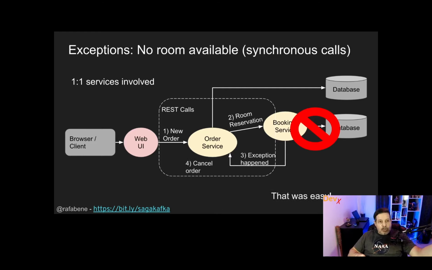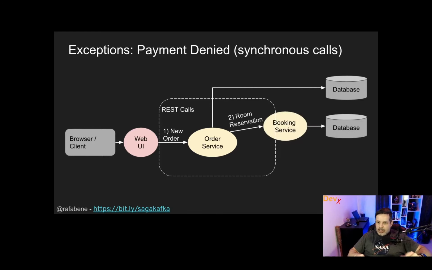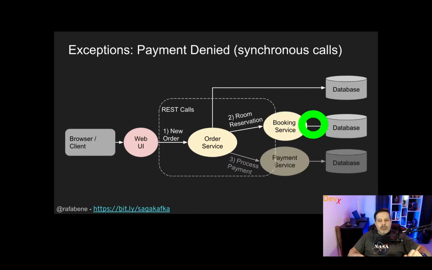That's easy. But suppose that you have payment denied. We will walk one little more service. So we try to make a reservation, that was fine, and then we want to make a payment, and the payment is declined. So in that case, an exception happens, and what should we do?